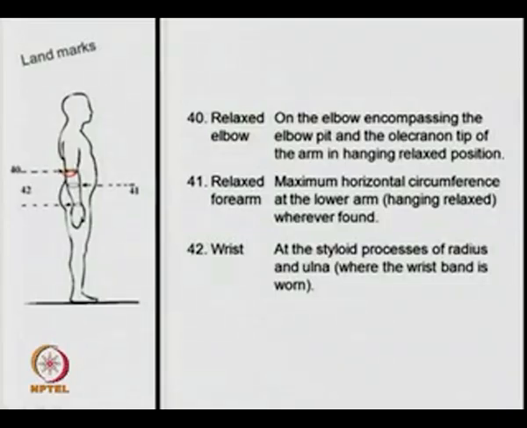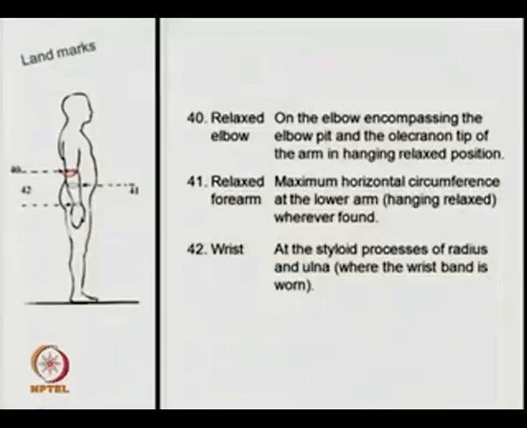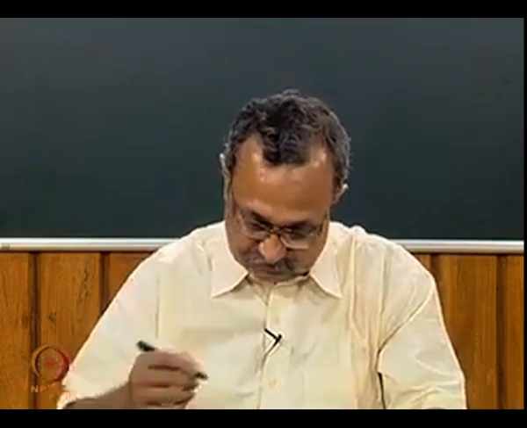And relaxed forearm, the maximum horizontal circumference of the lower arm hanging relaxed. And 42 is the wrist circumference. Like that, different circumferences are taken, and we will talk about that later.